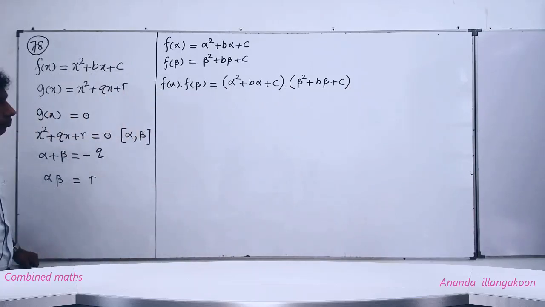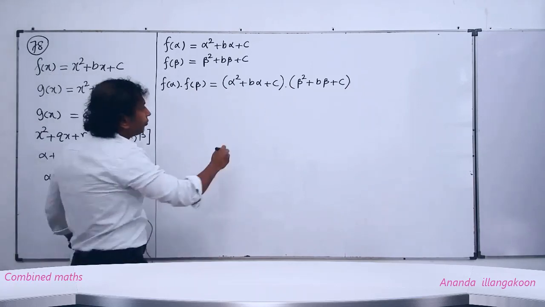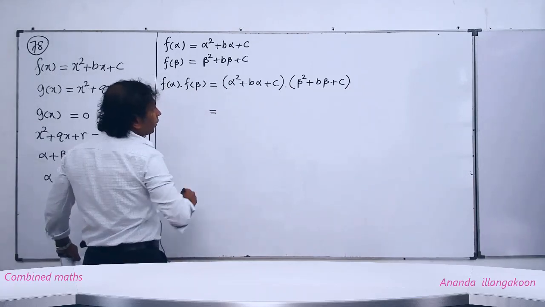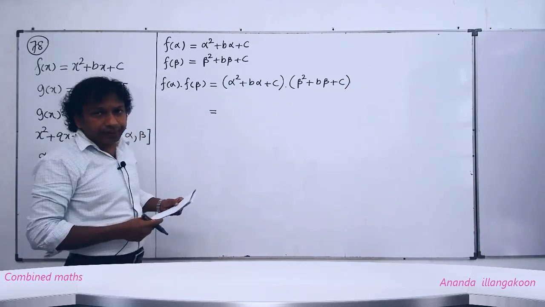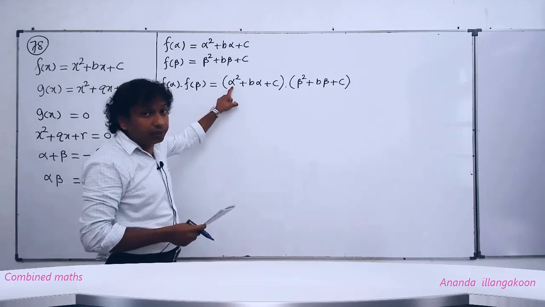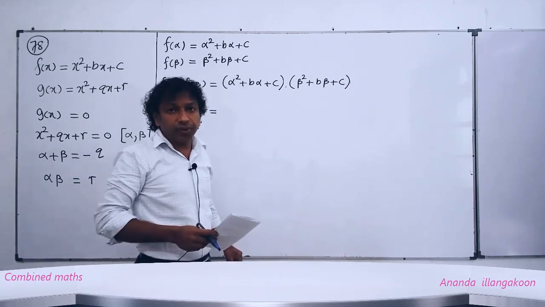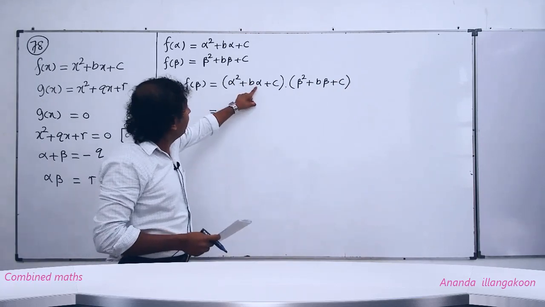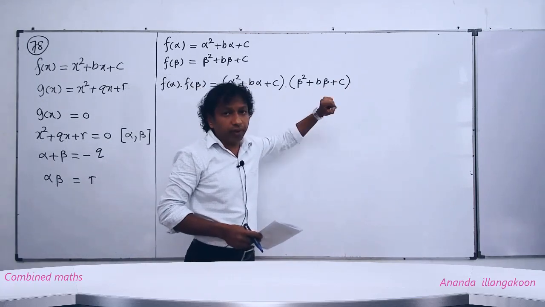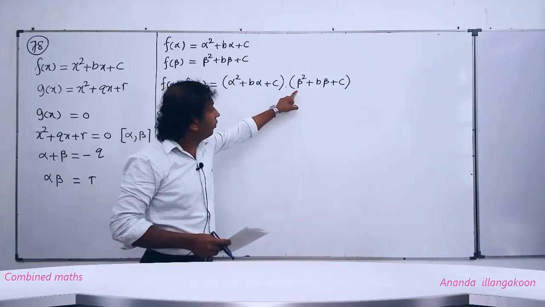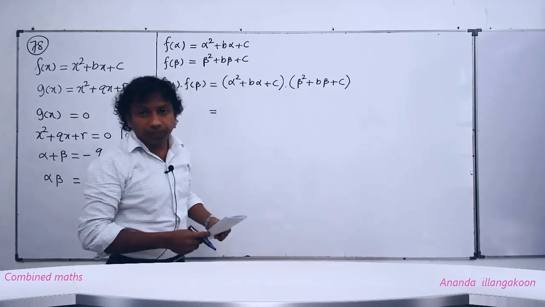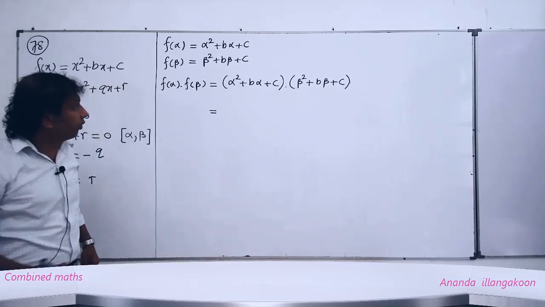Now you have to remove the brackets. Using alpha squared, these three terms you have to multiply. Using b alpha, these three terms, and using c, these three terms. What do you get?